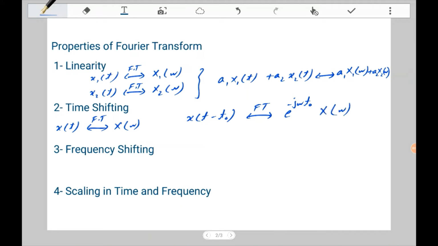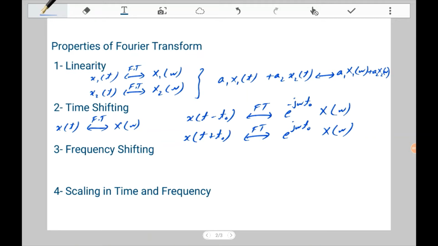And if the shift is t plus t naught, in that case the Fourier transform will be e to the power j omega t naught times X of omega.